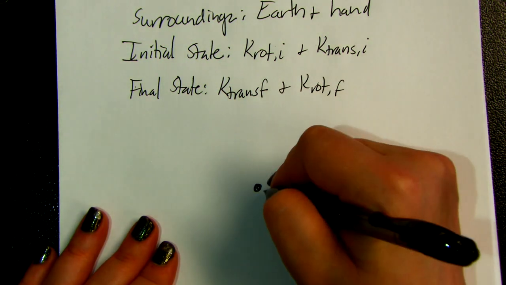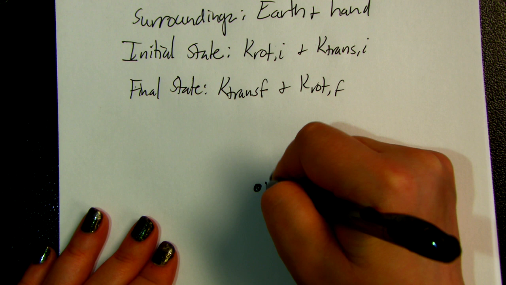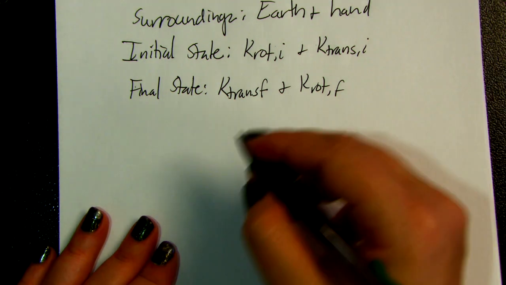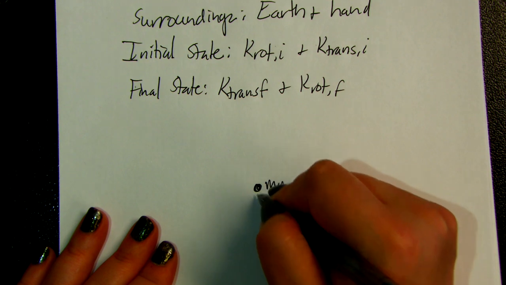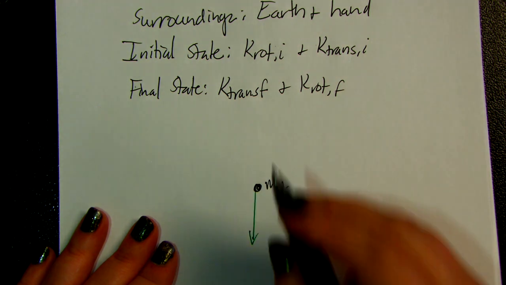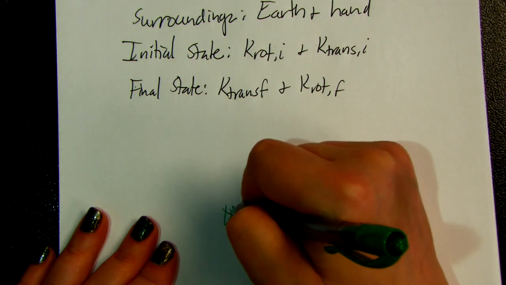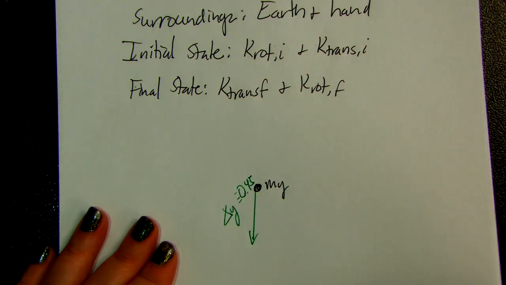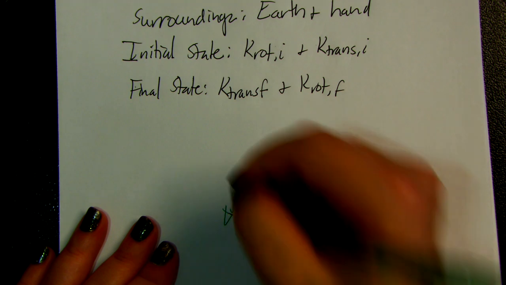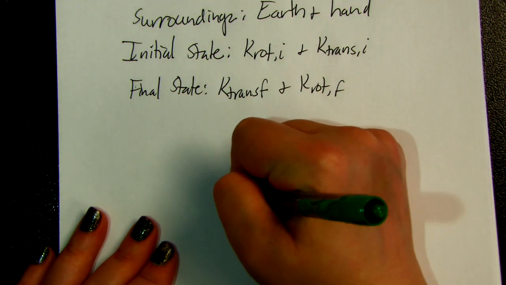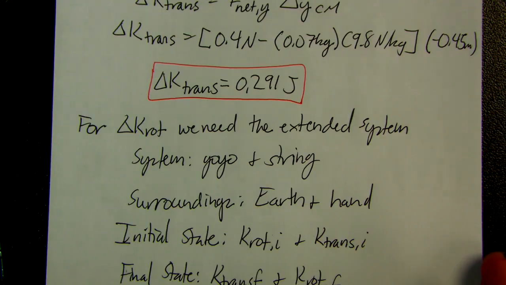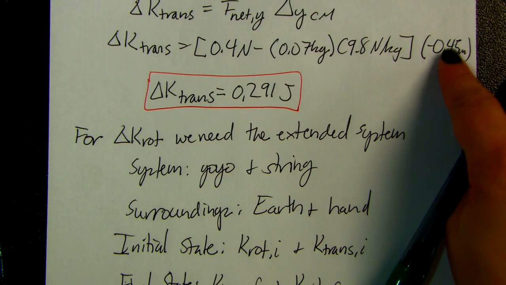Okay, so we need a different diagram. Here is our yo-yo, and it's going to be displaced delta y over a negative 0.45, so please note the negative sign that was up here.